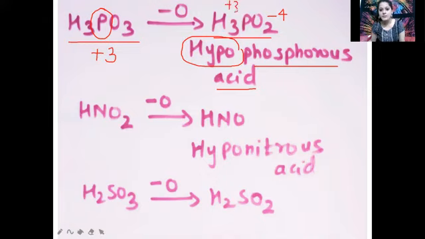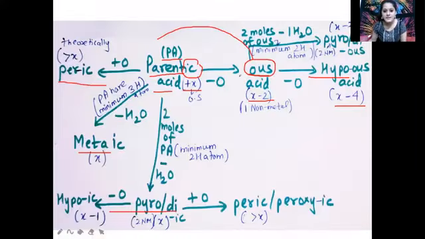So minus 4 plus 3 is going to give you minus 1, which will be stabilized by plus 1. So hence the oxidation state of phosphorus is plus 1 in the case of hypophosphorous acid. So it is that easy to remember when to say phosphoric acid, when to say phosphorous acid, and when to say hypophosphorous acid.